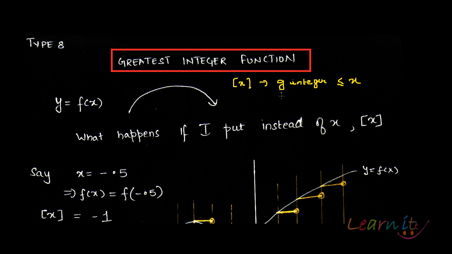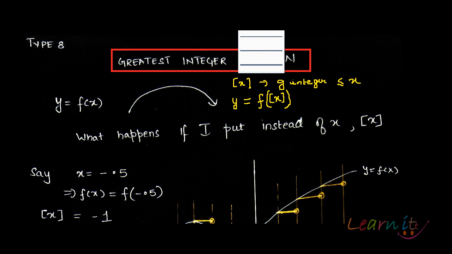So what we are actually looking at is a transformation from y equals f(x) to y equals f of the greatest integer function of x.